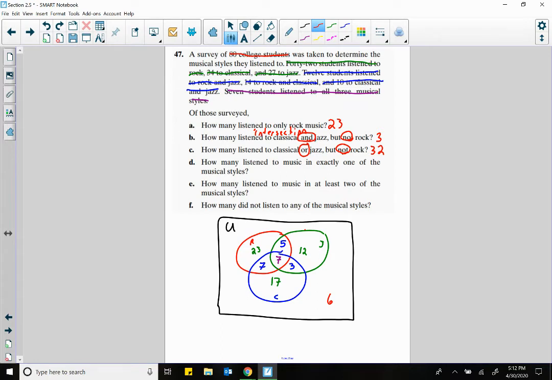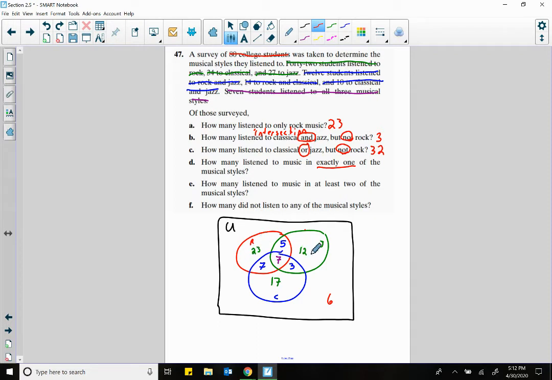All right. So now the next one says, how many listen to exactly one musical style? So exactly one. What they're meaning there is they listen to one and no other ones. So you actually have 3 numbers to consider here. You've got the 23 because these are the students that listen to only rock.